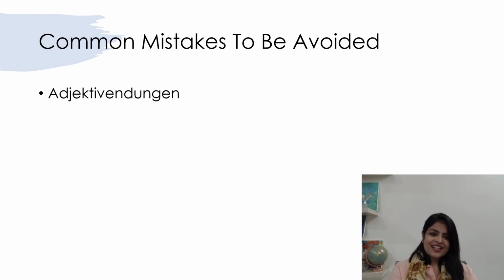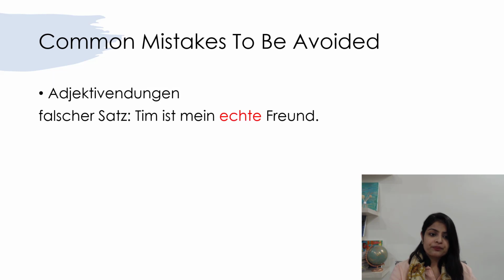Moving ahead, that's adjective Endungen. You're saying, oh my God, I always make this mistake. Yes, I have made a note that most German learners fail to understand this topic, and I don't know why. If you are still struggling with this topic, you can watch my video on it. I have shared the link in the description.